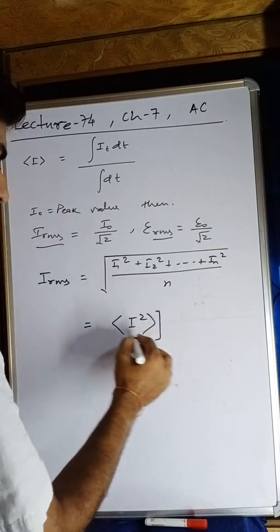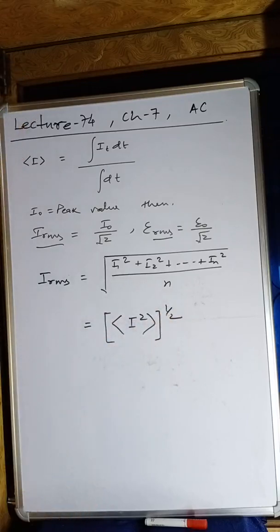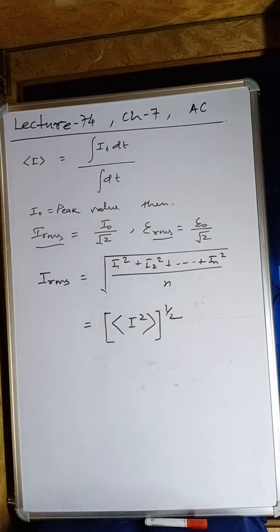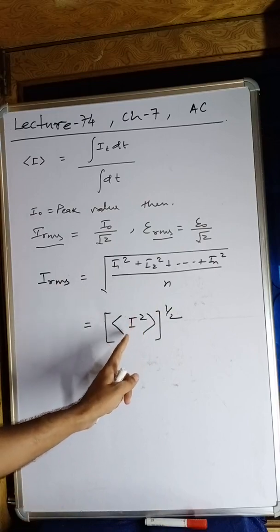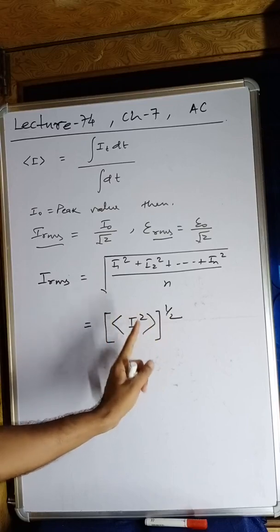But if we put a root here, is this one the IRMS? The answer is yes, this is the IRMS. How? This is the root of the average of the square, so this is the IRMS.